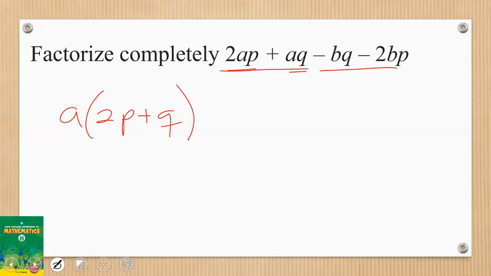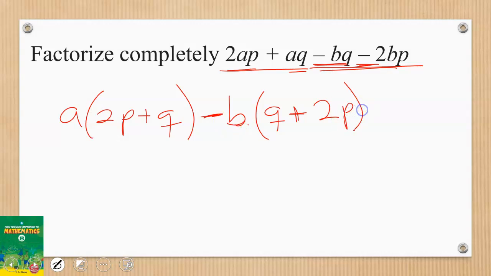Then the second term, there's a minus here, so I have to introduce minus. And the common factor here is b. b goes out. Then I have q also. And again, here is minus. So to maintain the minus, I must put plus here, so that when I multiply negative by positive, I'll get a negative back. Then I have 2p left, because b is out.